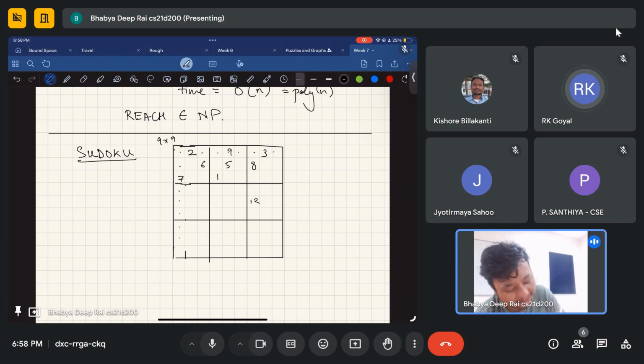It's a fun game to play. It can't be more than 9. So there are numbers filled in here. Some of them are filled, some of them are not filled. There are gaps in between. It's not a game, it's a puzzle technically.